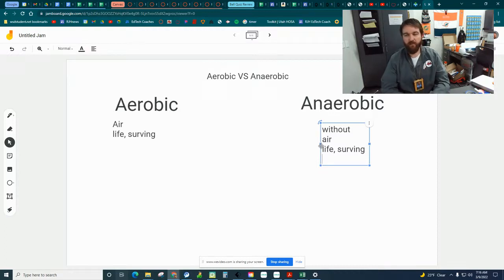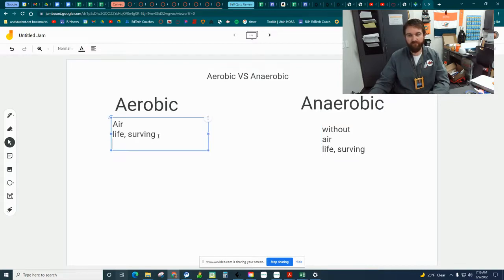But when we're talking about exercise, aerobic exercise tends to be where we need a lot of oxygen, and exercises are going to last more than 2 minutes at a time.